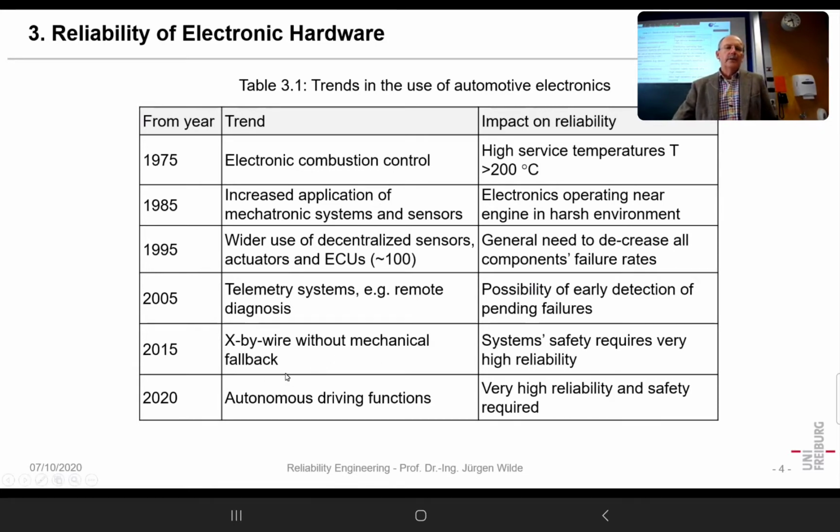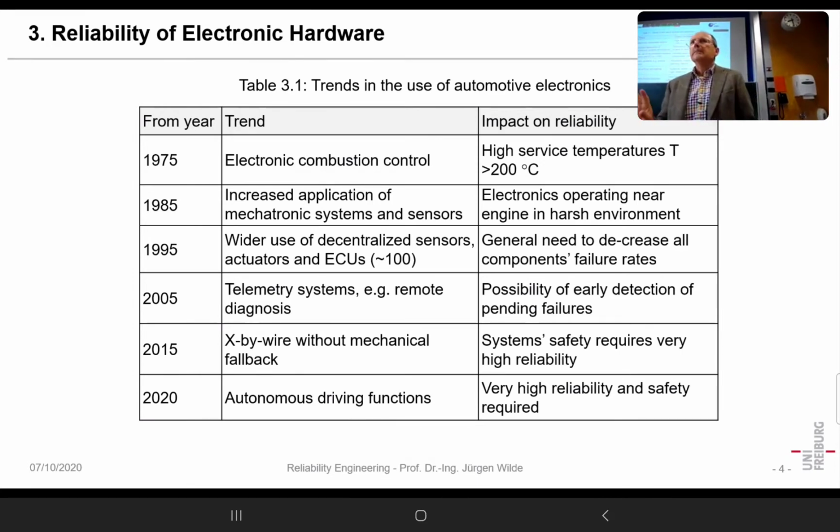Then there were more systems aiming at high reliability. One is X-by-wire. X means any function you have in a car, and of course, what we have had for quite some time is acceleration by wire, braking by wire.